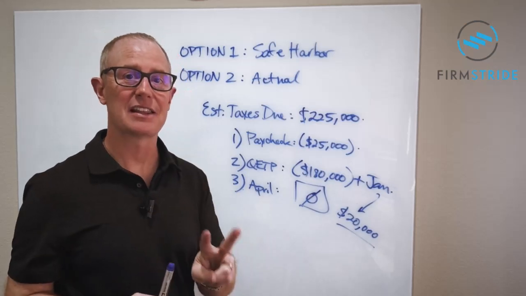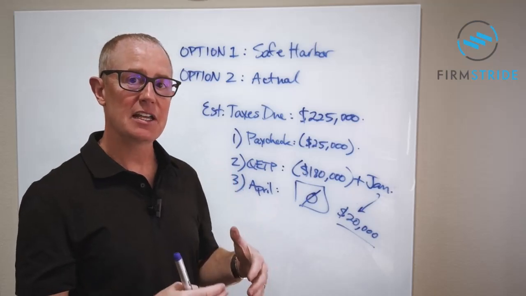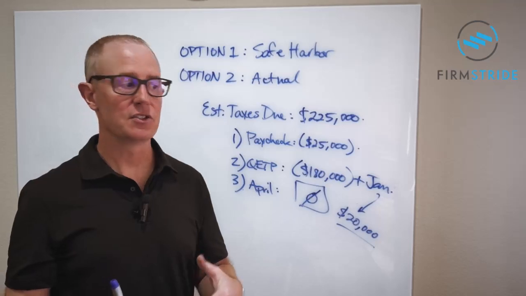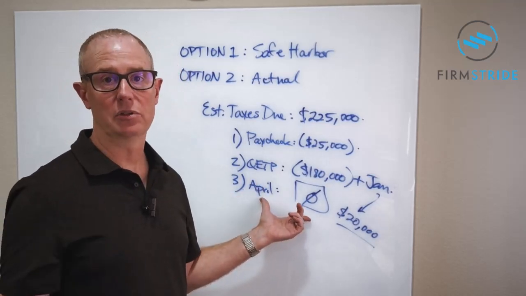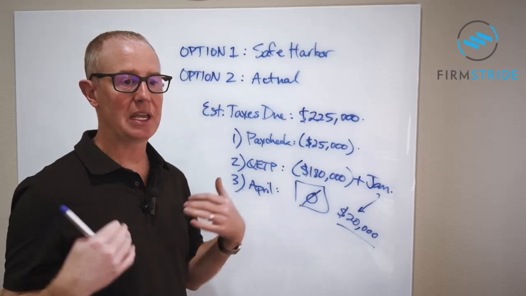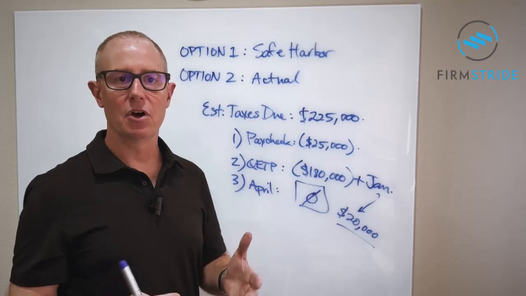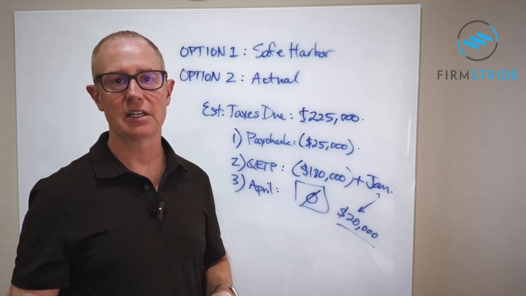But the second thing that we want to do is we want to help you feel confident in the future. So when I say confident in the future, what that means is if you're in January, you know exactly what April is going to look like. And that gives you a peace of mind knowing that you've paid your taxes. You don't need to worry about that surprise bill that comes from the accountant at the end of the year.